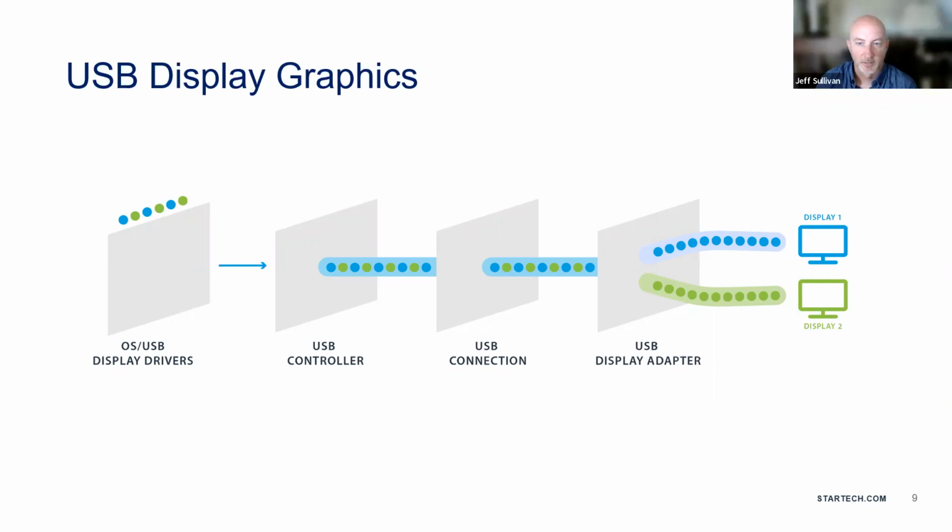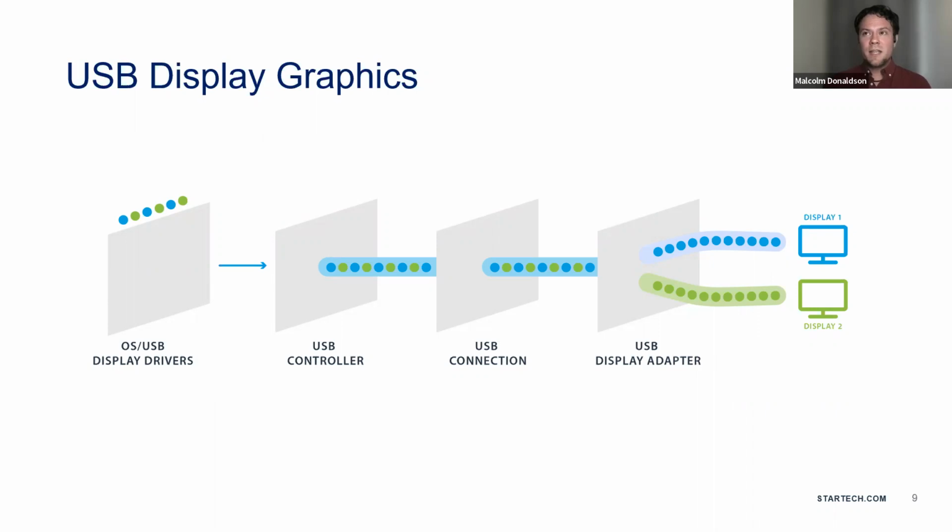Great. And I asked Michael this one, but what about drivers? What about OS support? So USB display graphics options do require that drivers are installed. Increasingly, some are available even through Windows Update, and so that process can be very straightforward, but it's something to keep in mind, especially when deploying it across a number of systems and different user privileges, for example, that they do require drivers to be installed.